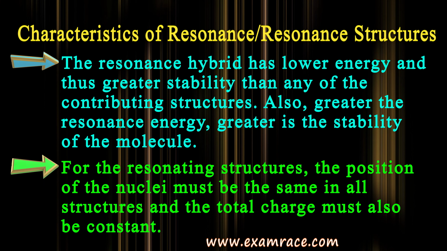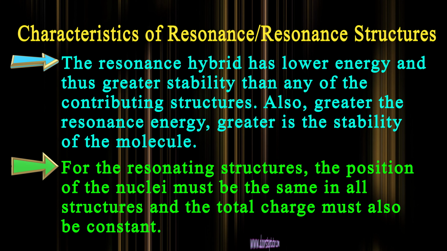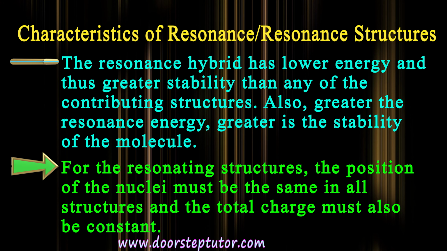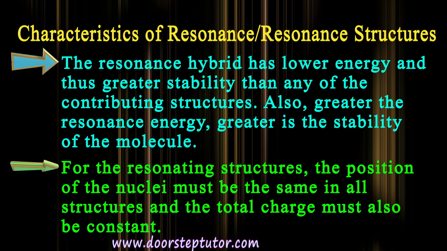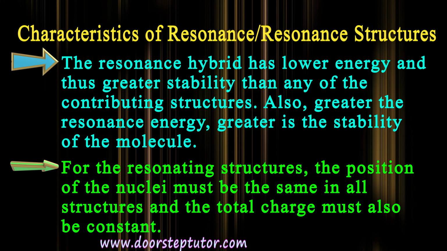The position of the nuclei remains the same, and the total charge in all the resonating structures is constant. It will not be the case that in one resonating structure we have one charge and in another of the same molecule we have a different charge. So the total charge will always be constant, but the position of the charge can be different.